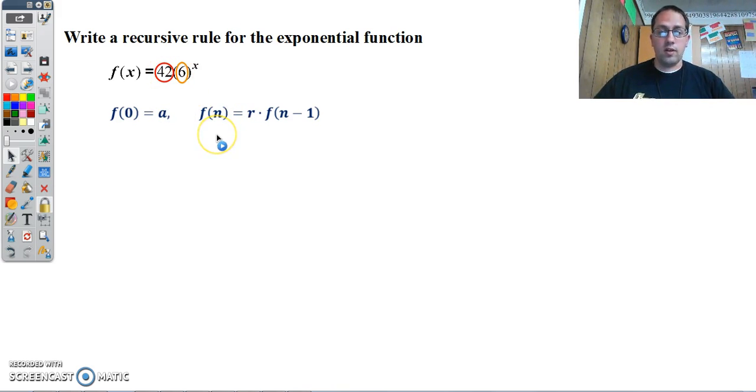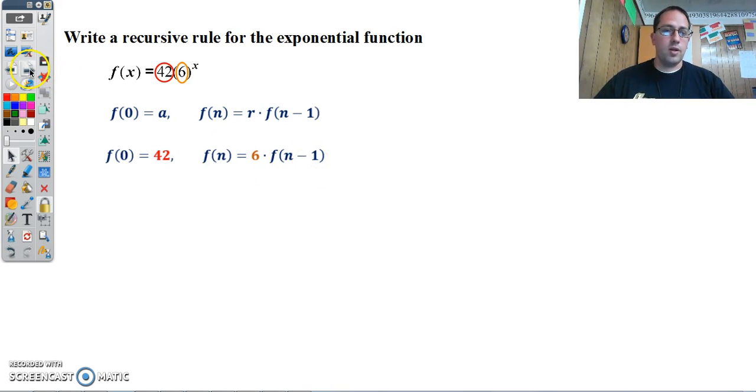So to write this in a recursive rule, all it is, where did my recursive rule go? It has vanished. Lovely. There it is. All right. There we go. So you see, we have f of 0 equals 42, and f of n equals 6 times f of n minus 1.